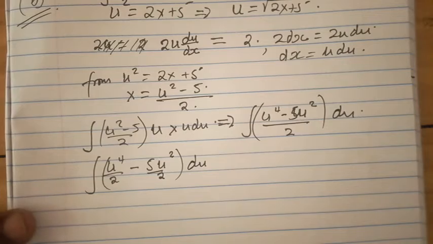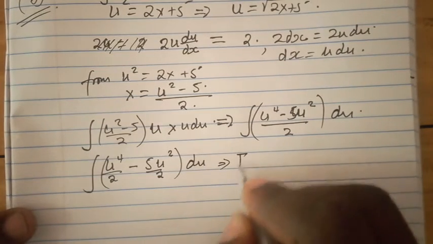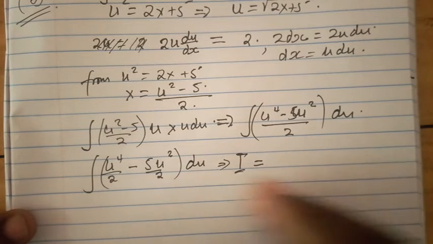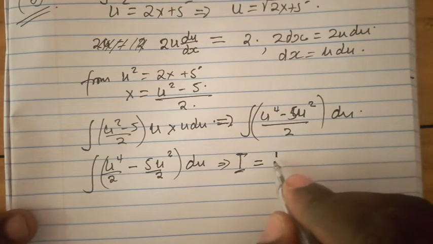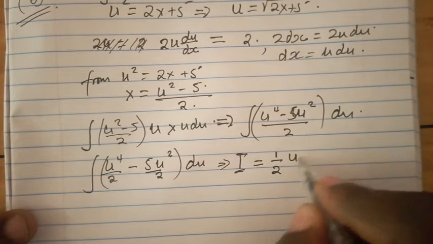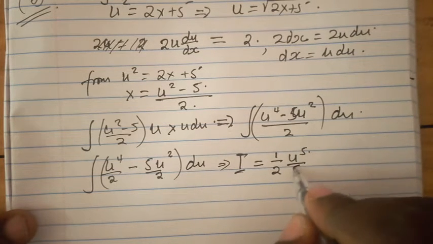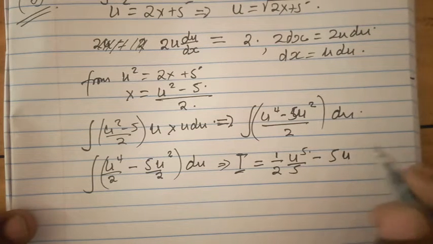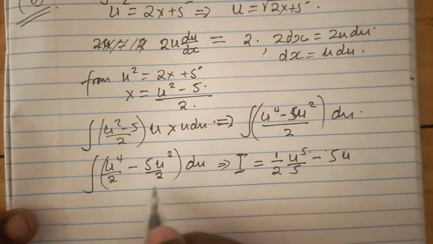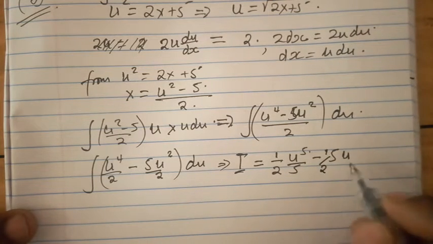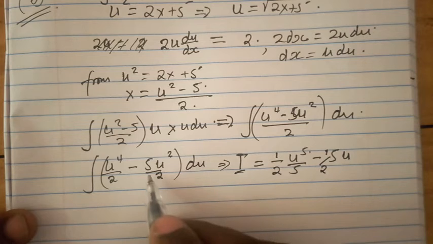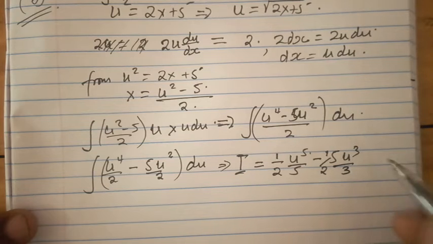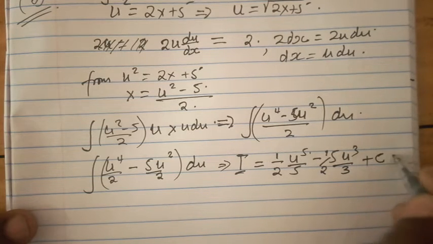At that point we can integrate everything and have a half u raised to power 5 over 5 minus 5 over 2 times u raised to power 3 over 3, plus c.